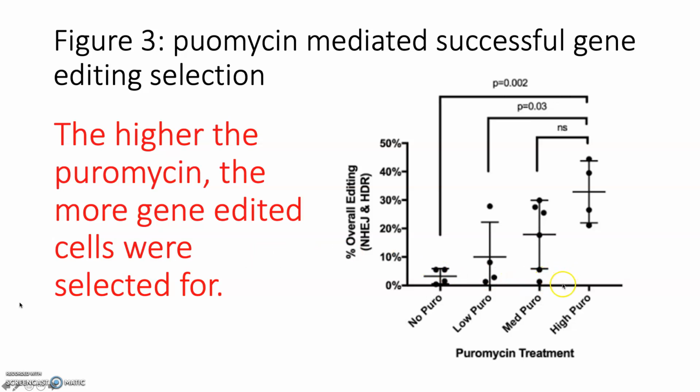So with higher puromycin, a higher percentage of the final cells in culture have been successfully edited with either insertion deletion or homology directed repair.